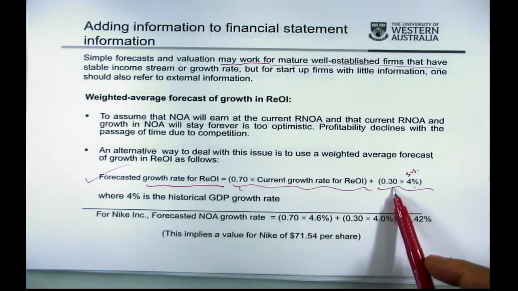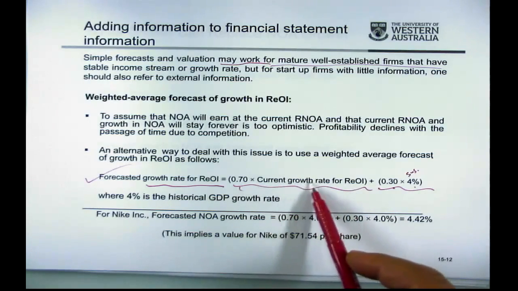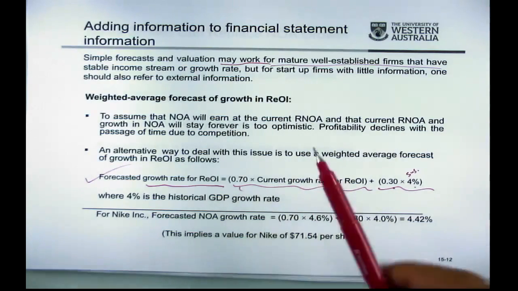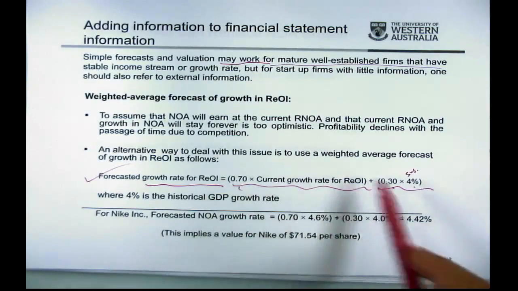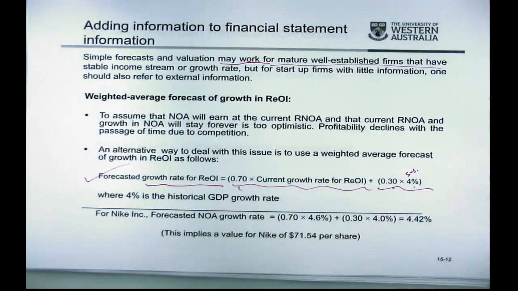Okay? If you believe this growth rate can be maintained for, let us say, 30% of the time, then you should reverse the weights. You put 30% here and 70% here. Okay? Then you will get the weighted average growth rate.